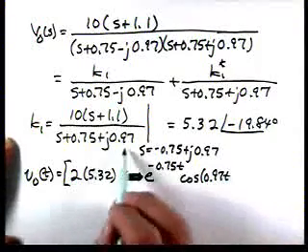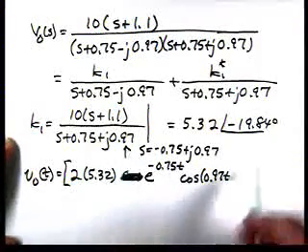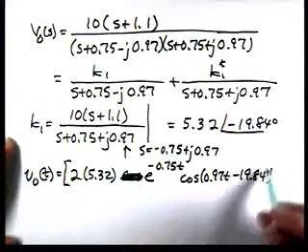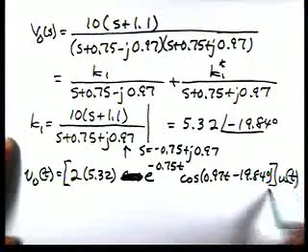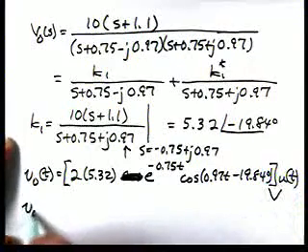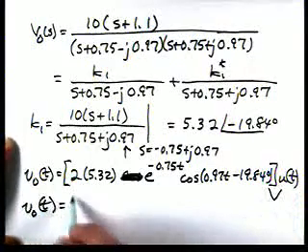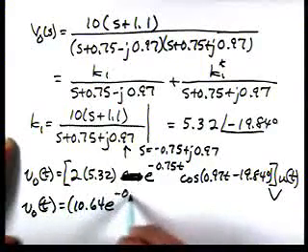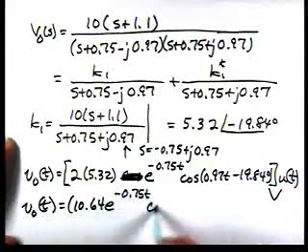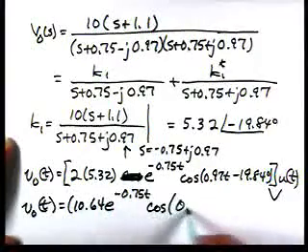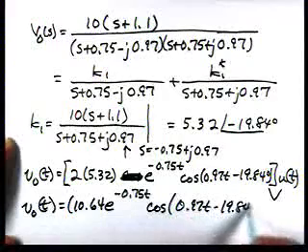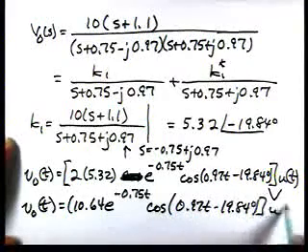Here's the omega, minus 19.84 degrees, u of t volts. So then V0 of t is 10.64 e to the minus 0.75 t cosine 0.97 t minus 19.84 degrees u of t volts.